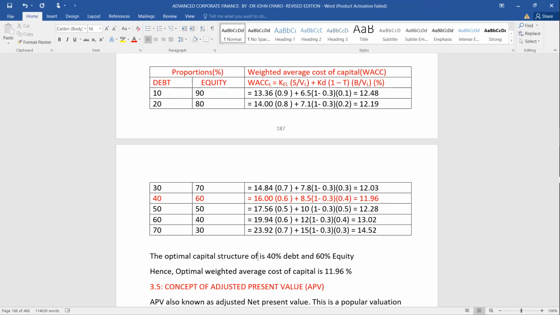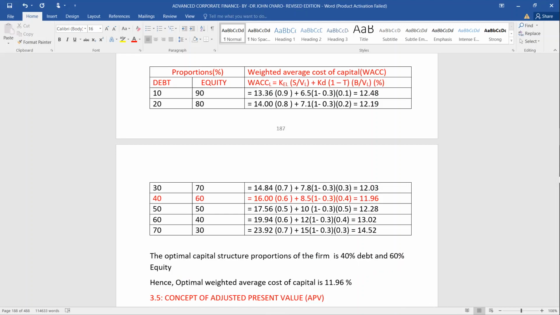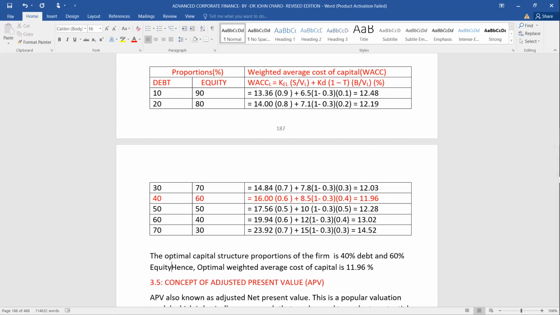The optimal capital structure of the firm is 40% debt, 60% equity. The optimal capital structure proportions of the firm are 40% debt and 60% equity. Hence, the optimal weighted average cost of capital is 11.96%.